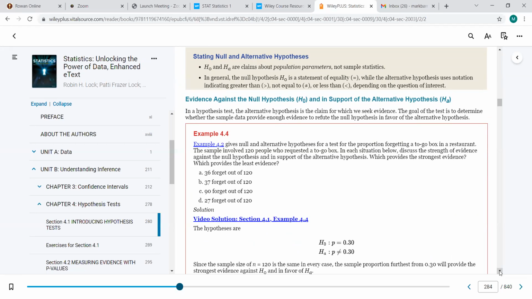Which one of these 4 samples would provide the most evidence to reject the null hypothesis that it's 30% and support the alternative hypothesis that it's not 30% of the people who are forgetting to take the box home? So take a look at the 4 results here. Tell me which of these 4 provides a lot of evidence that the null hypothesis doesn't seem to be correct, and the alternative hypothesis seems to be correct. Does anybody have a guess at that? You can just unmute and yell out what you think.